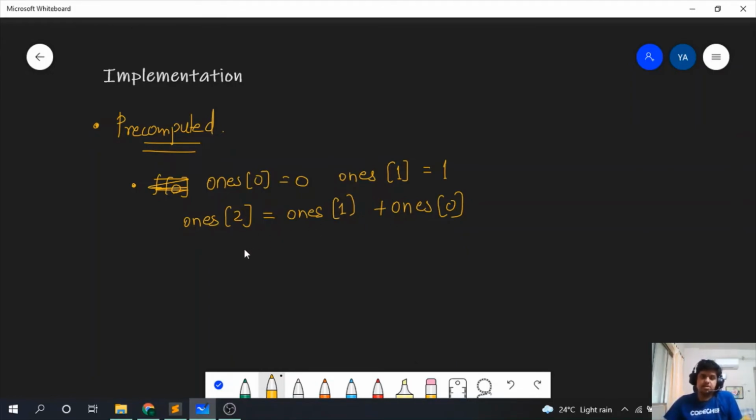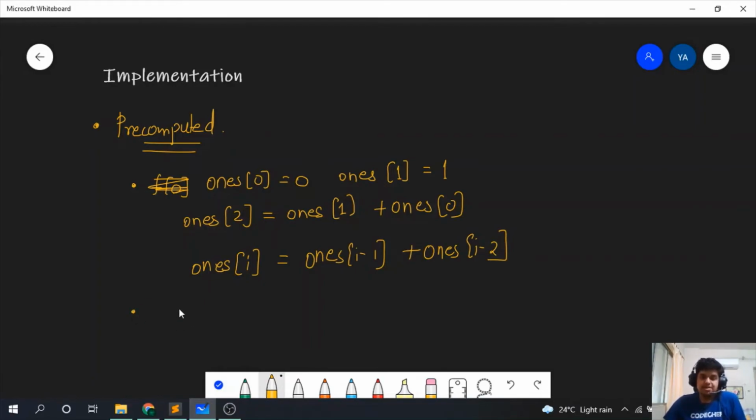So basically the number of ones in the previous two will be the number of ones in current. So we can say that ones of I is equal to ones of I minus 1 plus ones of I minus 2.